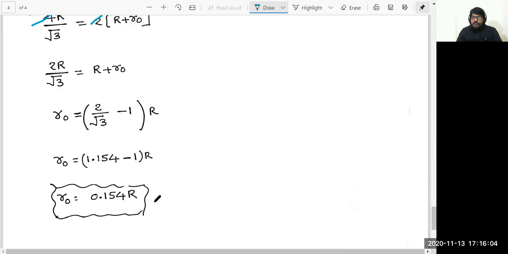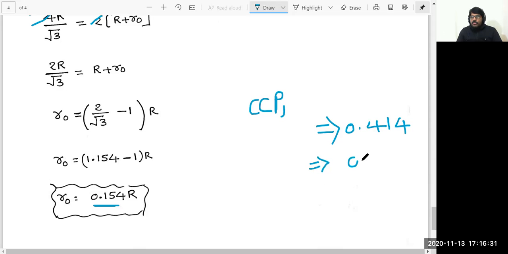Surprisingly, in the case of a BCC unit cell, the radius of the octahedral void is 0.154, whereas in a cubic close packing structure or HCP structures, the radius of the octahedral void is 0.414 times the radius of a sphere, whereas in BCC this value is 0.154 times the radius of the sphere.